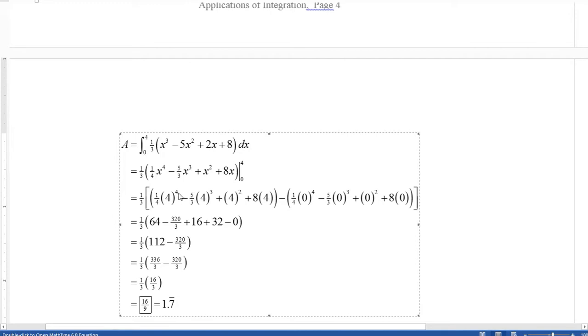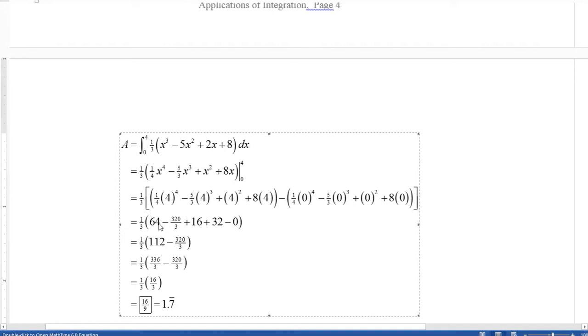I got 4 4's here, and one of them is going to cancel with that. So I get 4 to the 3rd, which is 64. Here I get 4 cubed, which is 64 again, times -5 is -320 over 3. Over that 3 there. And 4 squared is 16. 4 times 8 is 32. The rest of this is all 0.